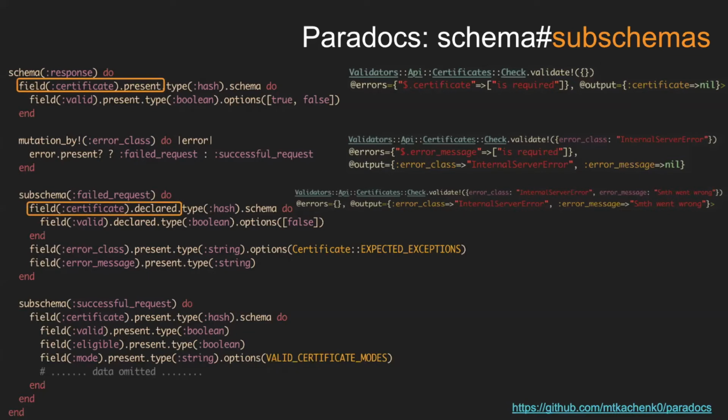Take a look here that despite the fact that field certificate should be present in the original schema, it is overwritten in the failed request schema, and now it's declared. So schema can override definitions. And now for this scenario, certificate field is not required anymore.